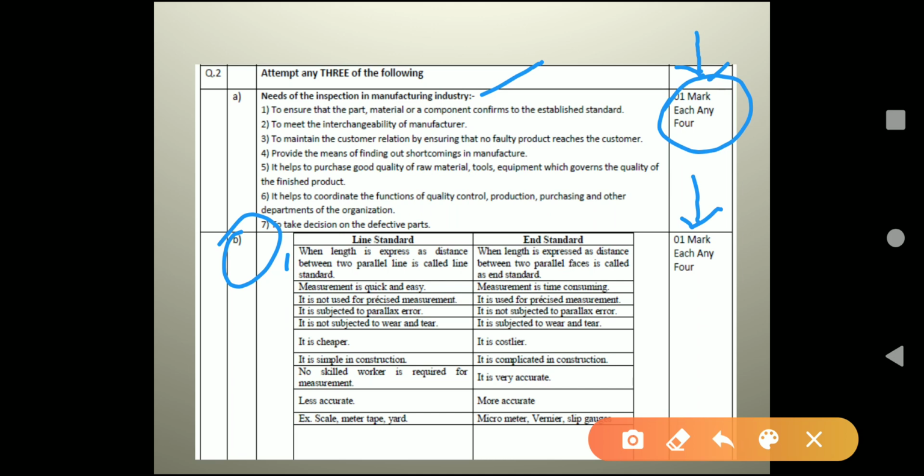Second, third, fourth, fifth; these 4 to 5 points are sufficient, or you can write successive points 6, 7, 8, etc.